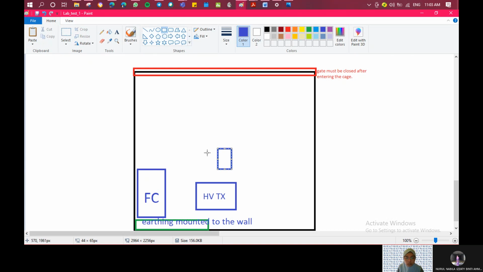And here will be the other one. Sorry, I forgot what to call this one.